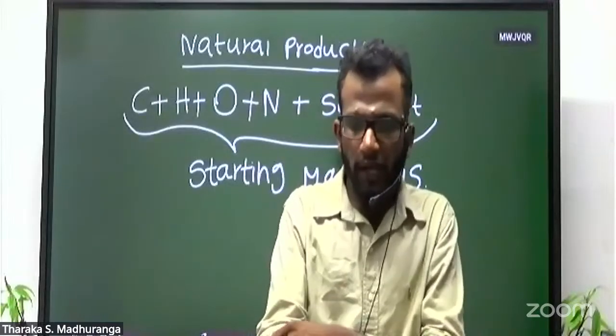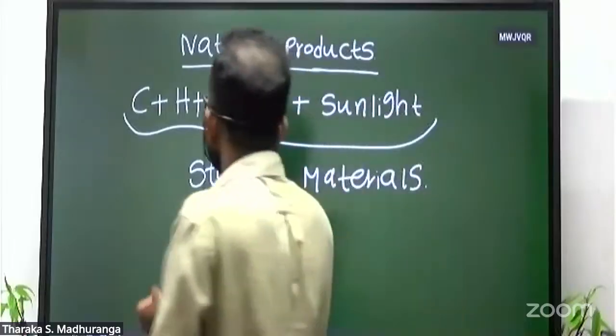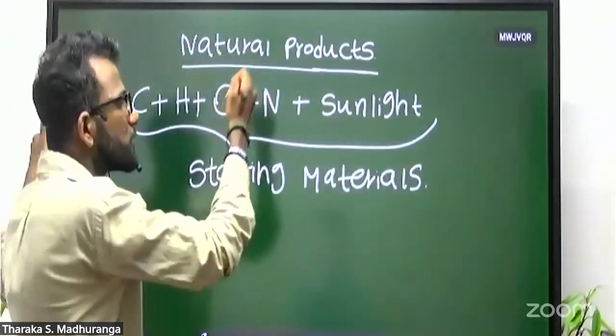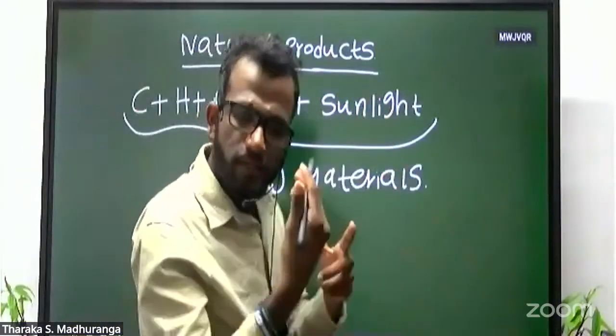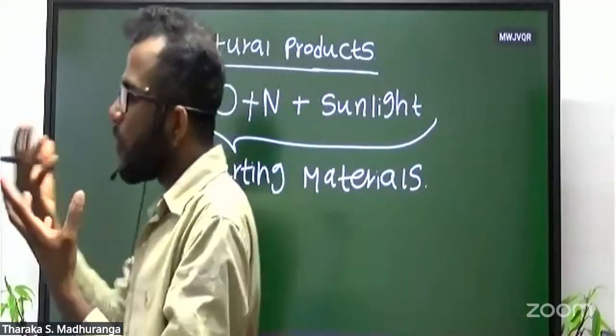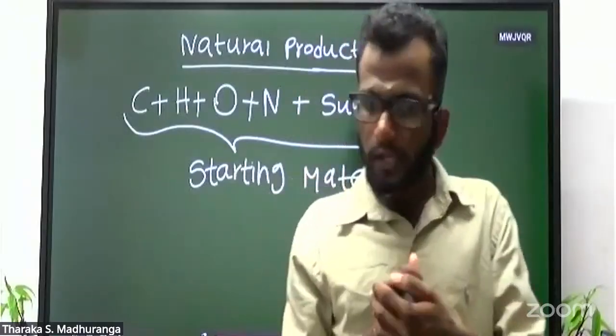The relevant answer you need to write down. What is the meaning of natural products? Carbon, hydrogen, oxygen, nitrogen, and sunlight used as starting materials, and the organism produces natural compounds. They are the natural products.